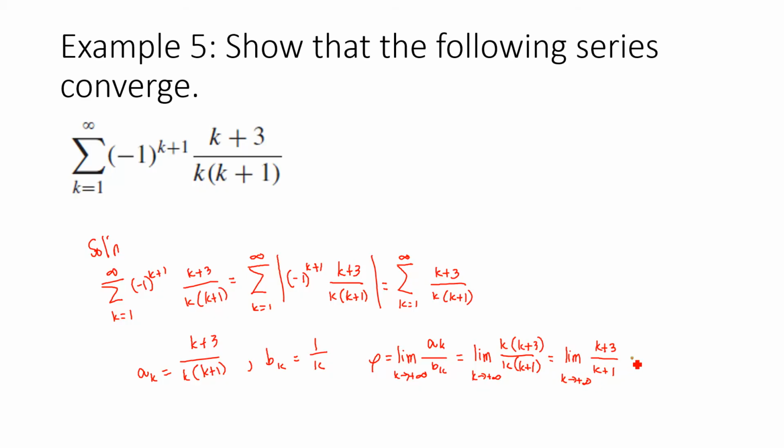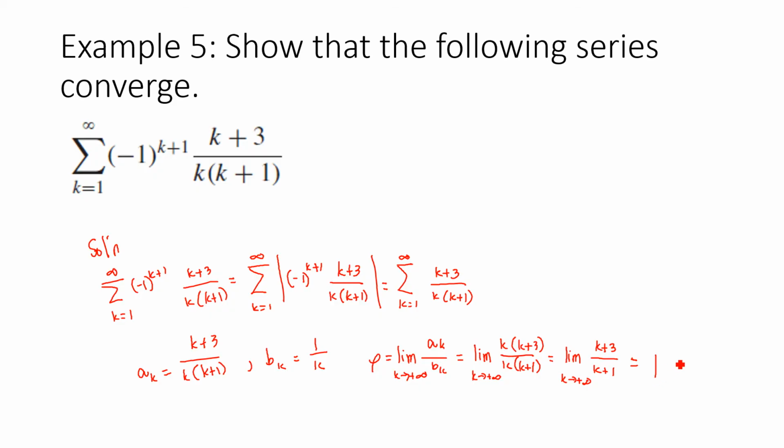Dividing by k, we have 1 plus 3 over k over 1 plus 1 over k, so the terms with k go to 0. That is equal to 1.